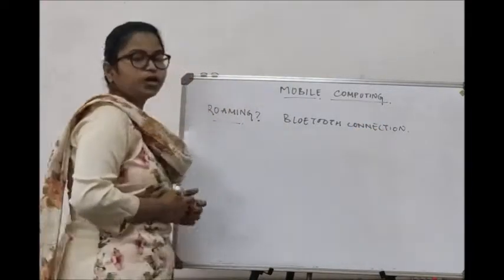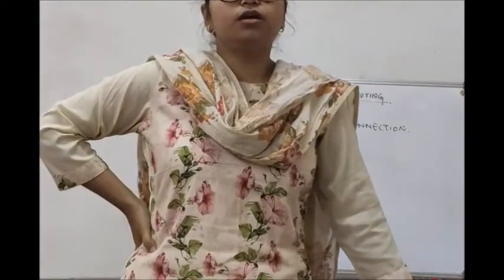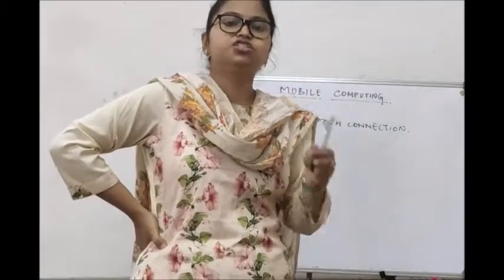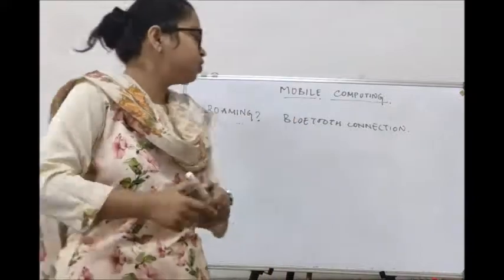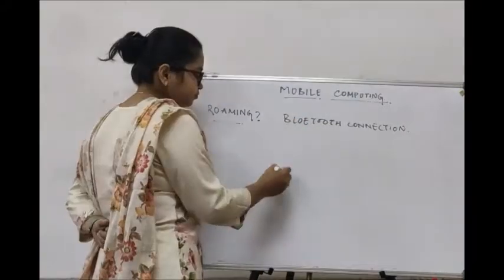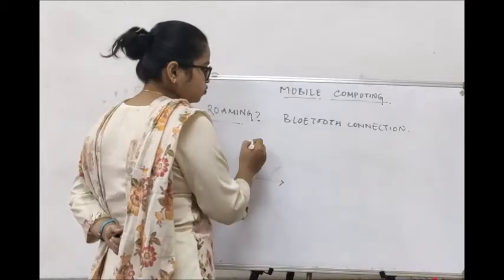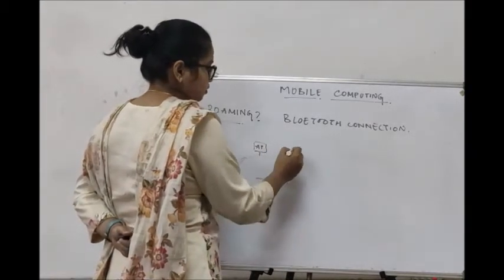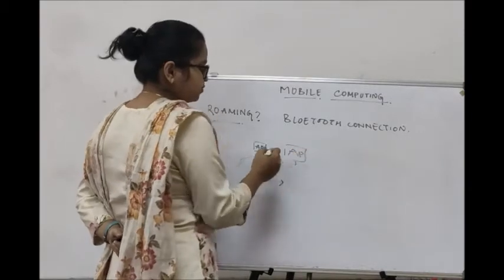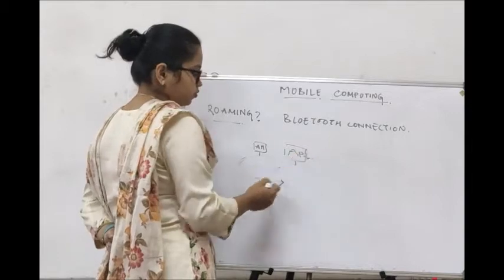In today's class, first of all, what do you mean by roaming? Roaming can be defined as a subscriber changing its location from one place to another, that means to a different access point. Suppose this network is managed by access point 1 and this network is managed by access point 2.